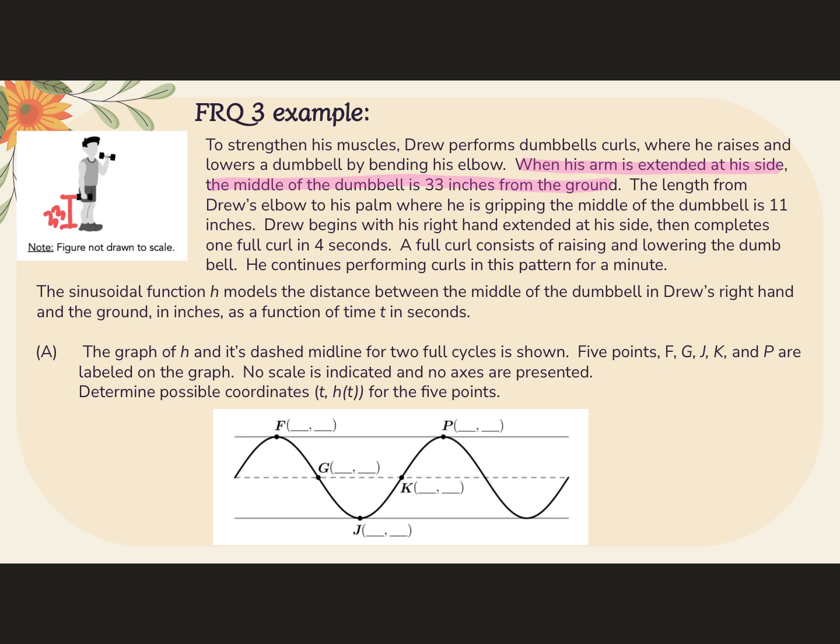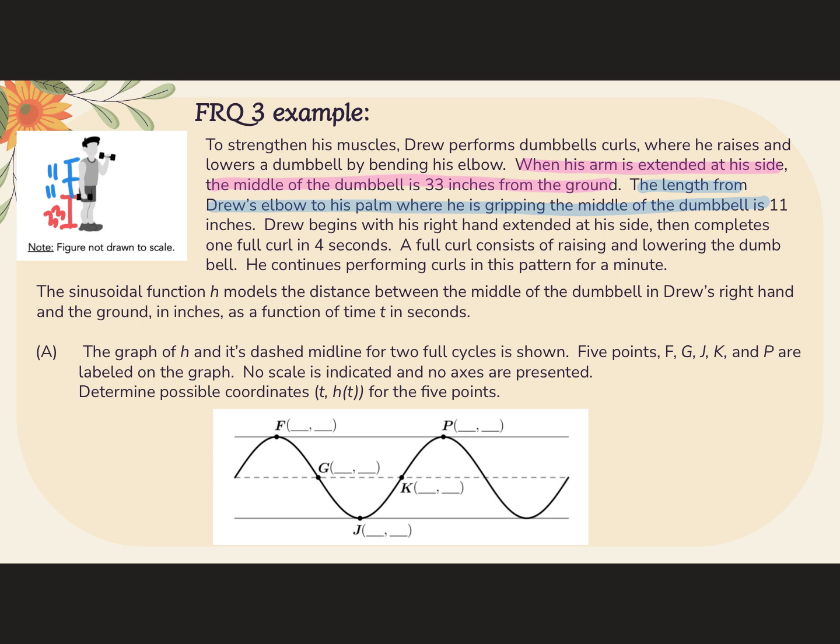Another important measurement that we have is the length from his elbow to his palm is 11 inches. So that means when he's lifting it up halfway, or his arm is straight out, that would be 11 inches higher. And then when he's all the way up, that would be 11 inches above that.